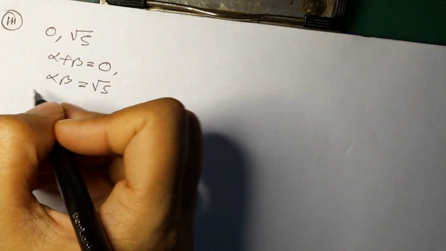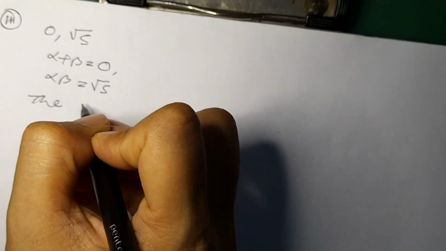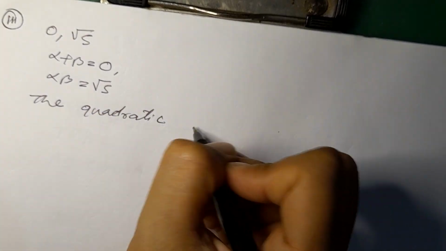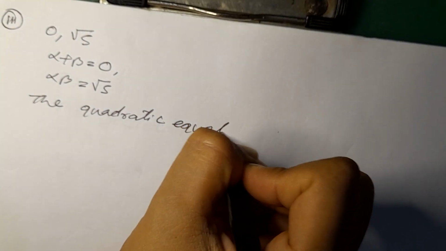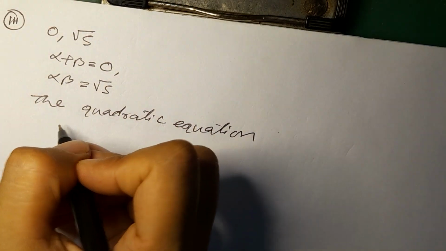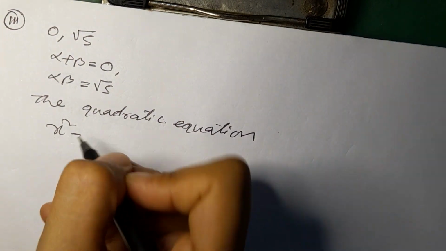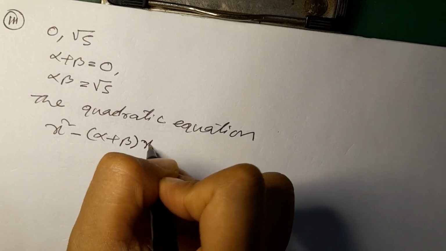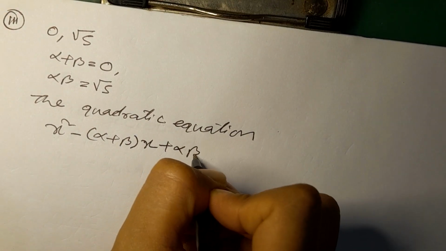So we know the quadratic equation is x square minus alpha plus beta x plus alpha beta equal to 0.